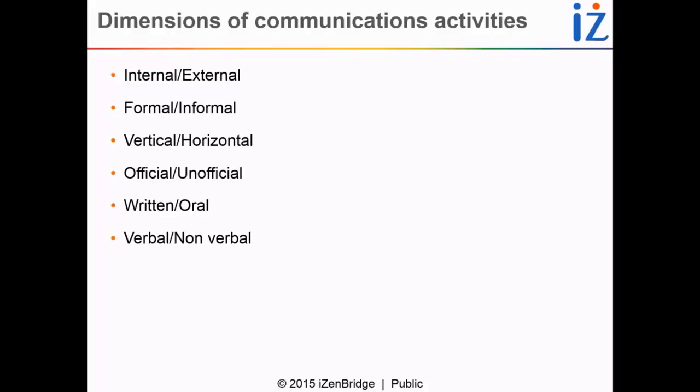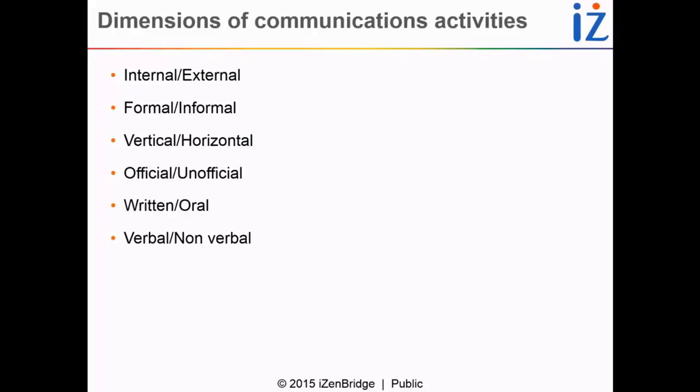Vertical and horizontal. Vertical means up and down. That means up to the senior managers, let's say, in the organization, and down maybe to people who report to you. Horizontal refers to communication between peers. Then communication can also be official or unofficial.